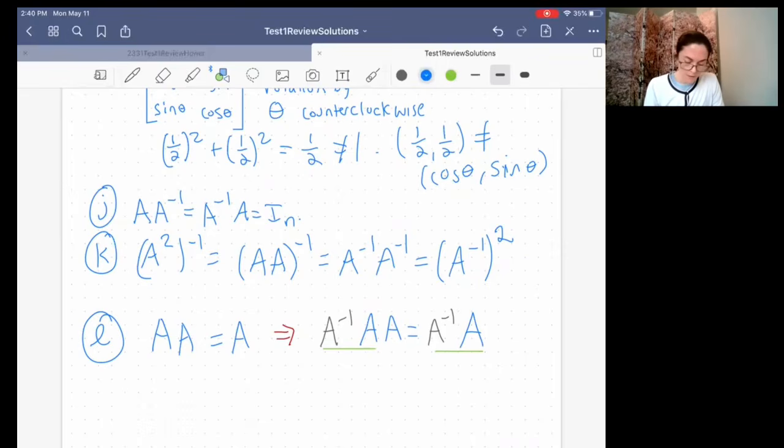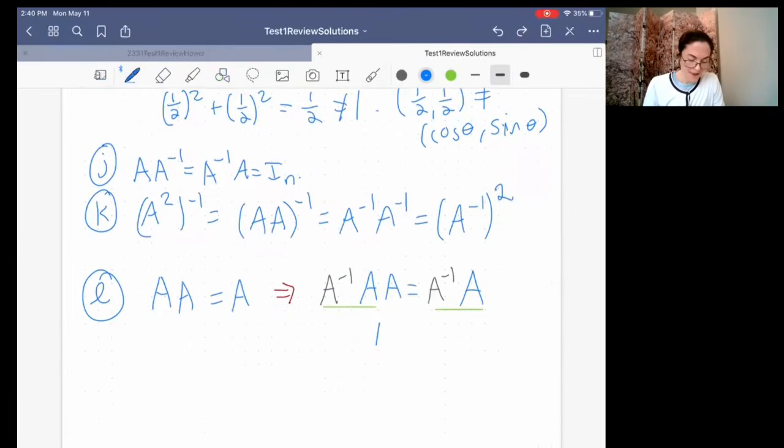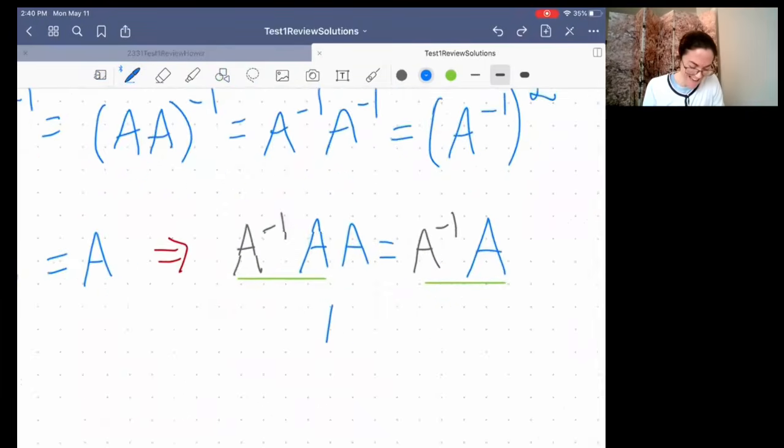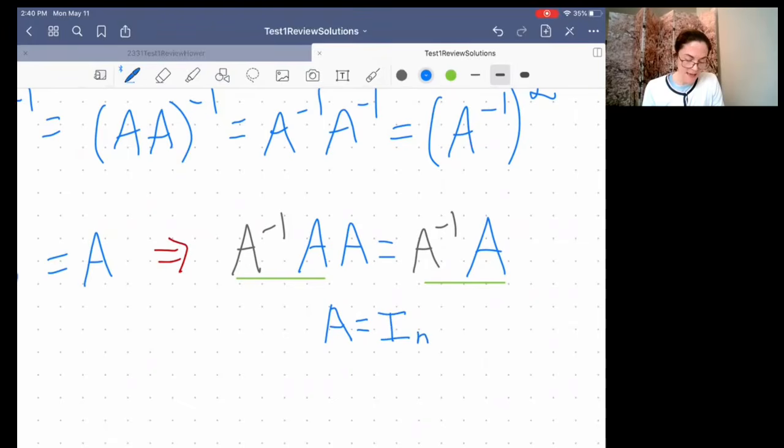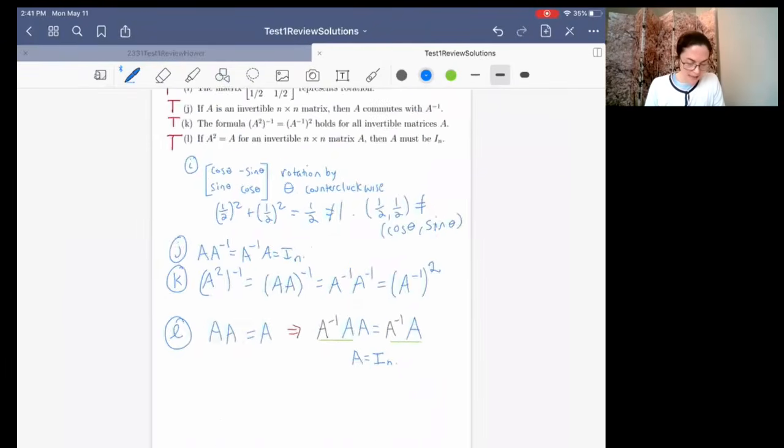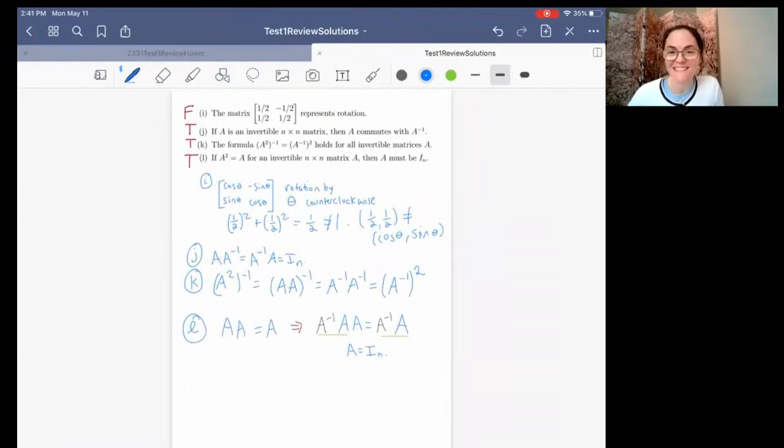And so what follows from this, we get that A is the identity. Over here, technically, it's the identity times A, but the identity times any matrix is that matrix. So that's the justification for the last one. And this concludes our test review. Hooray! Okay, well, good luck studying.